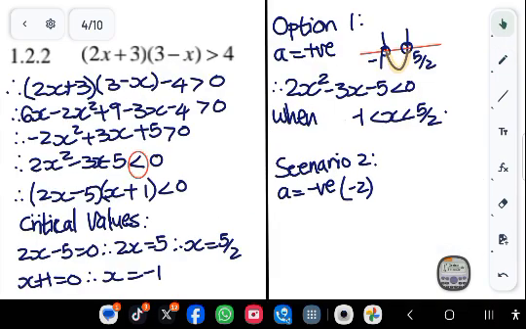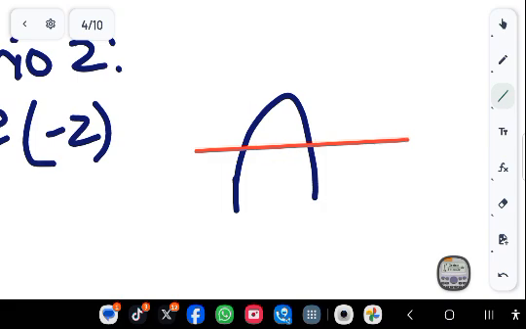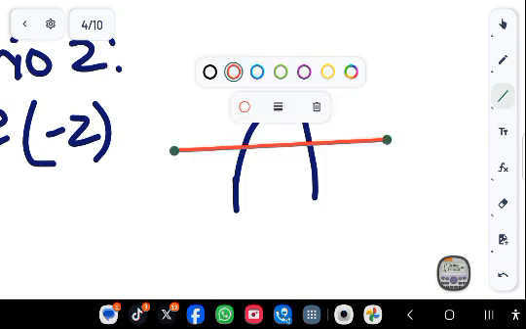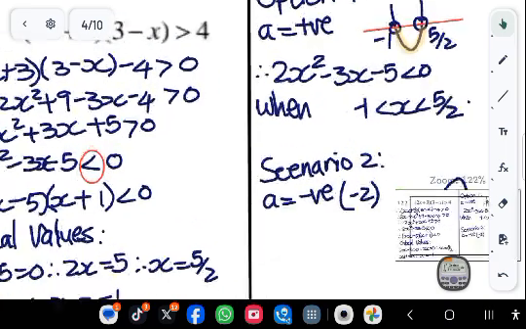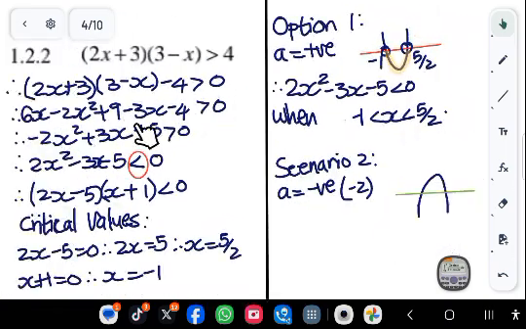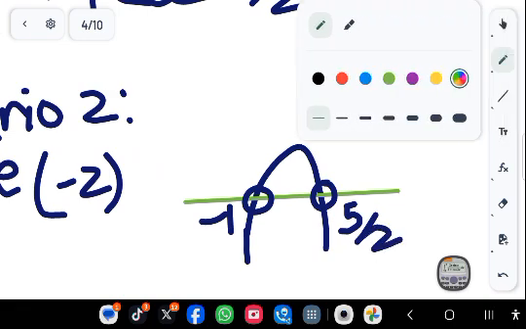If it's negative, that means that the arms look down. Now for this case, we're looking for x when this is above the x-axis. Critical values remain the same. When does it lie above the x-axis?